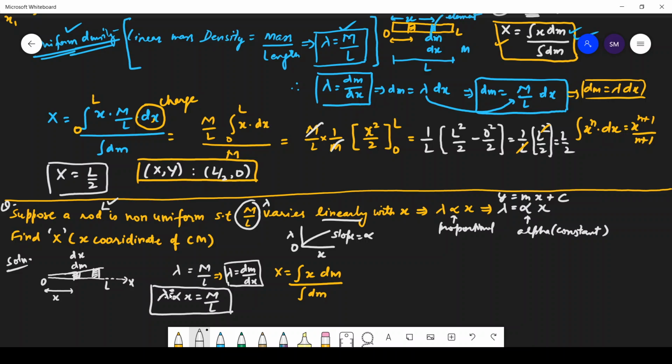So that's my linear mass density. Put these values over here in the same way as you substituted. Students, can you calculate it? I'm giving you 1 minute. Come on, try to do it.